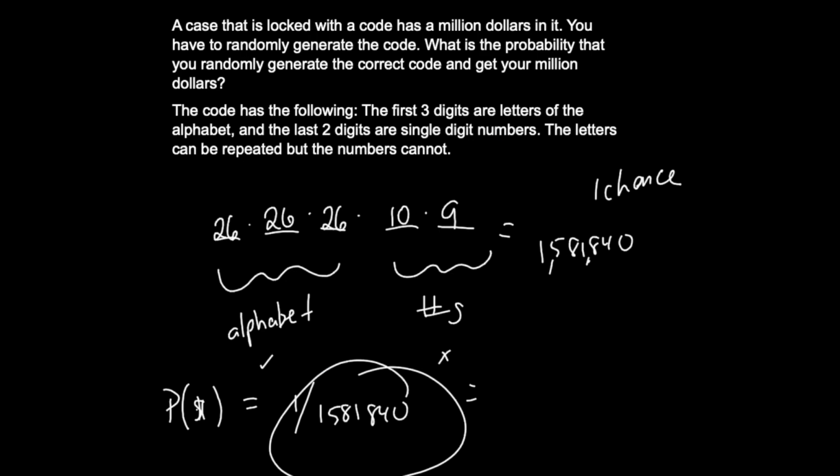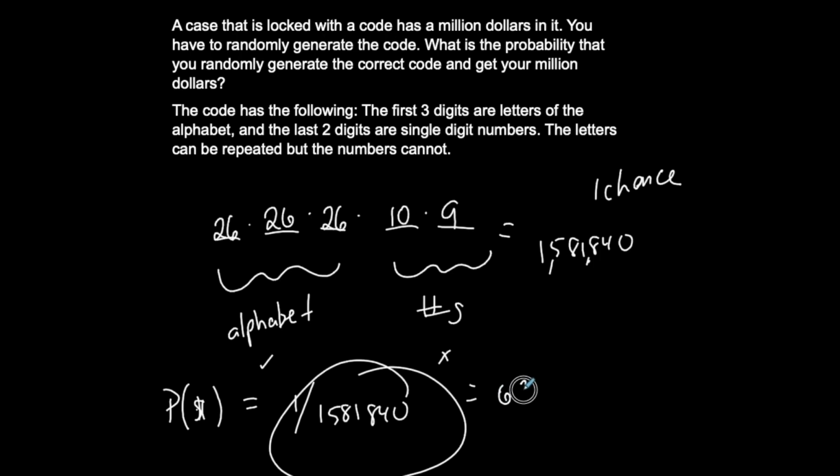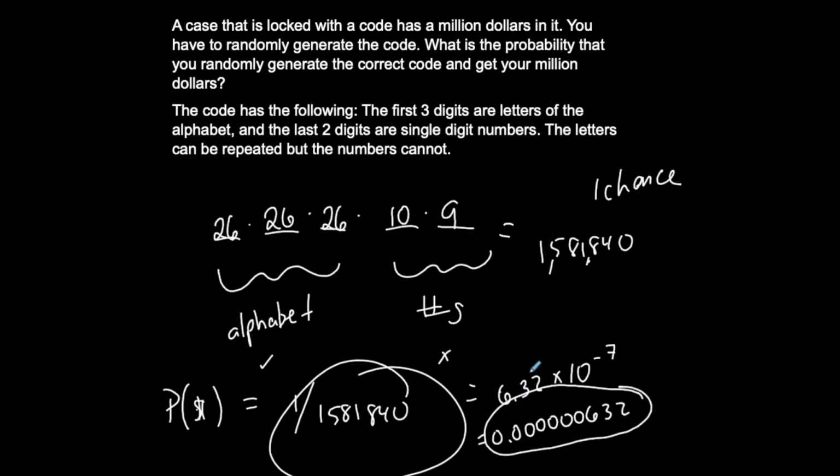So what did I say it was? 6.32. 6.32 times 10 to the -7. 0.1, 2, 3, 4, 5, 6, 7. Right? I'm not even going to put that in percentage form. Obviously, it's a very low percentage. Obviously, it's unlikely, which would make sense, right? Because you got one shot to do this.